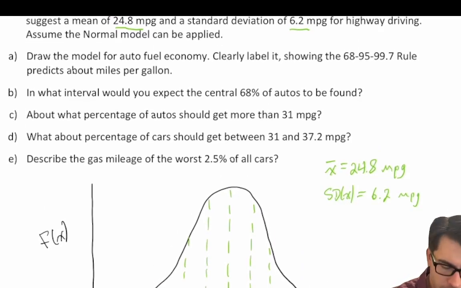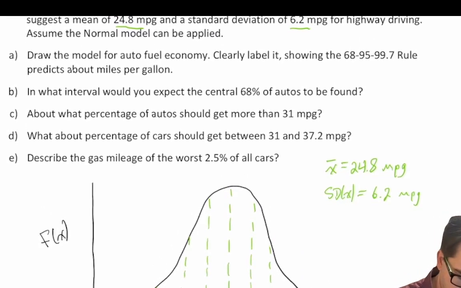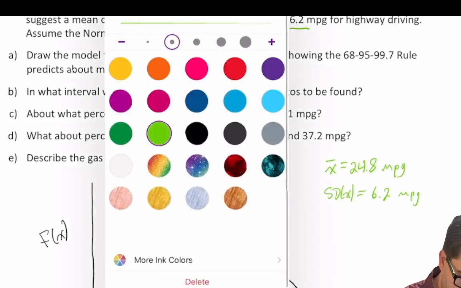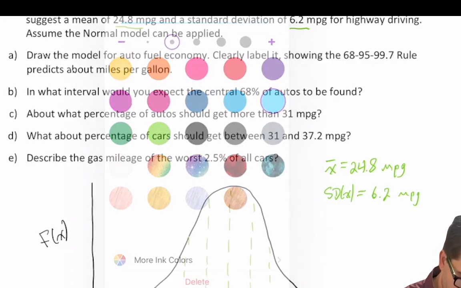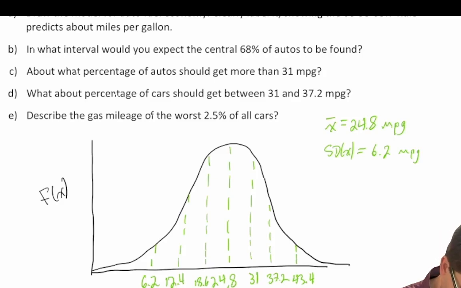Now we have to show the 68, 95, 99.7 rule. So let's just get another color here. So our central 68% of our observations are between -1 and +1 standard deviations of the mean, so between 18.6 and 31 miles per gallon, so 68%. We have 95% of our central observations between -2 standard deviations and +2 standard deviations.